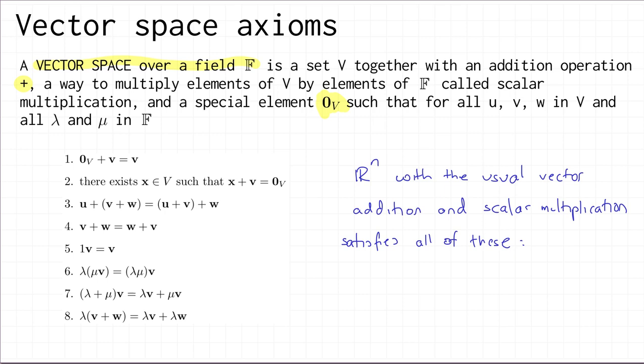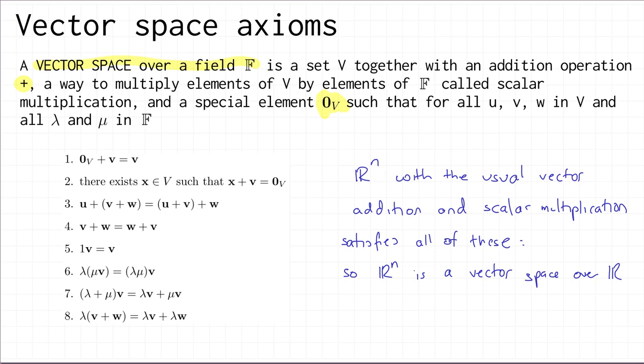So what that means is that R to the n is a vector space over the real numbers. So you can multiply by real numbers. It wouldn't be, for example, a complex vector space, at least not in any obvious way, because you can't scalar multiply a real vector by a complex number and get another real vector. So it will be a real vector space in this case.